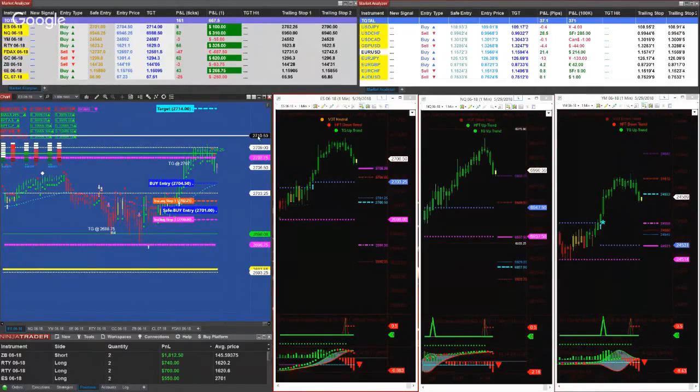So now we are looking for a short entry. Sometimes you have to be very fast if you want to follow me, because sometimes I can take all three at the same time: ES, Nasdaq, Dow Jones. I mean, once the decision is made, the decision is made.